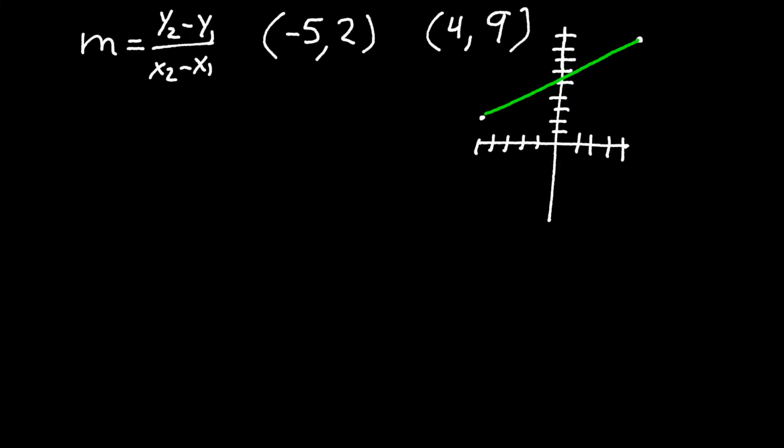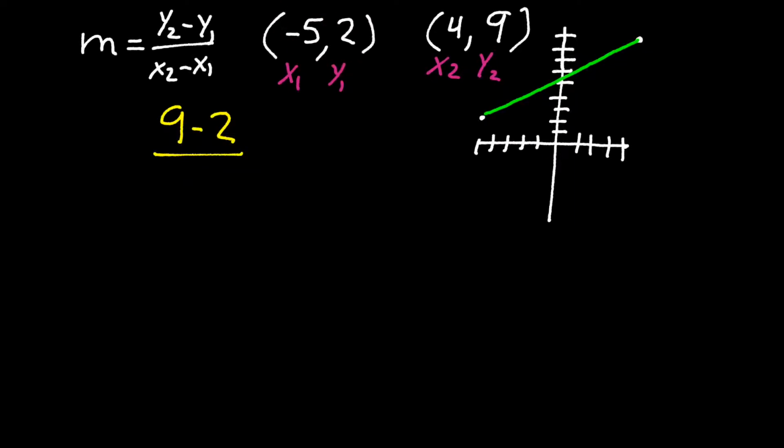Just like we did in the previous example, I recommend starting by labeling your coordinates. x1, y1, x2, y2. Now we can plug them into our formula just like before. y2 is 9, y1 is 2. So our top is 9 minus 2. x2 is 4, x1 is negative 5.